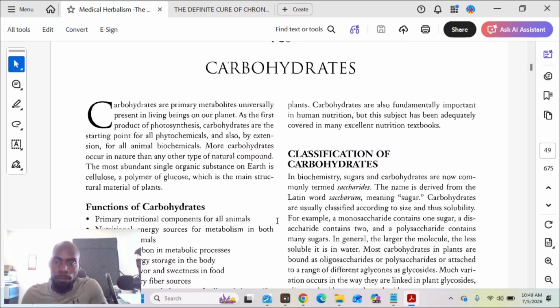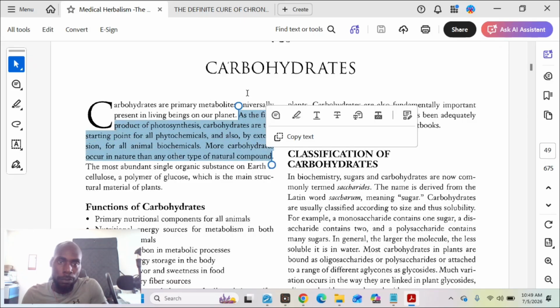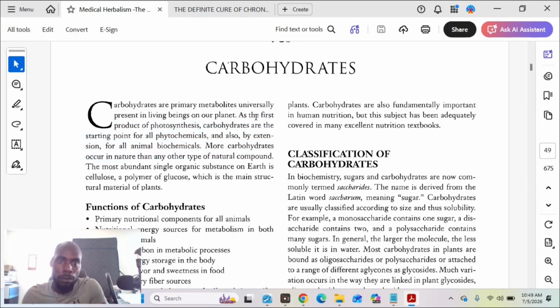And that is because this is the most abundant thing.